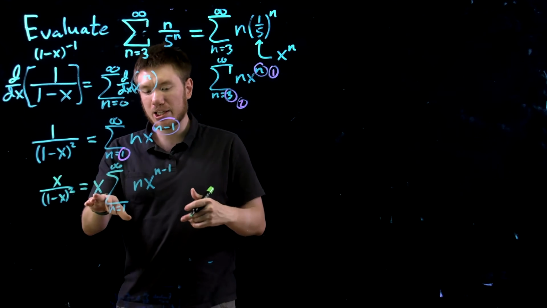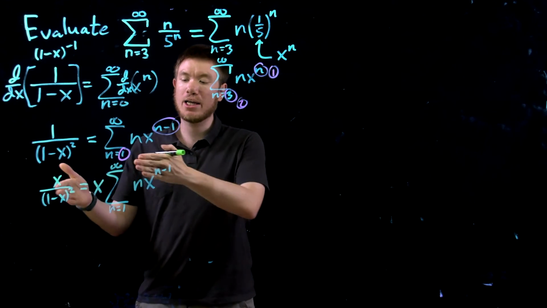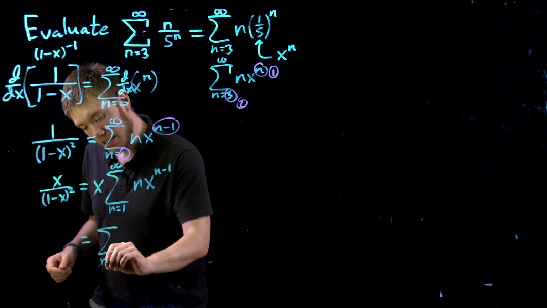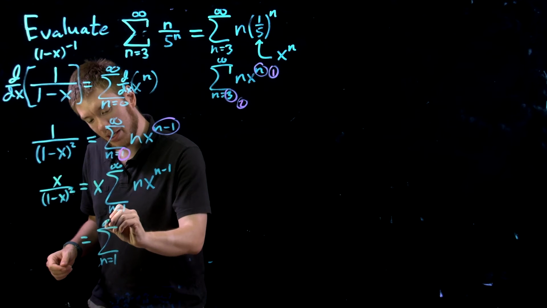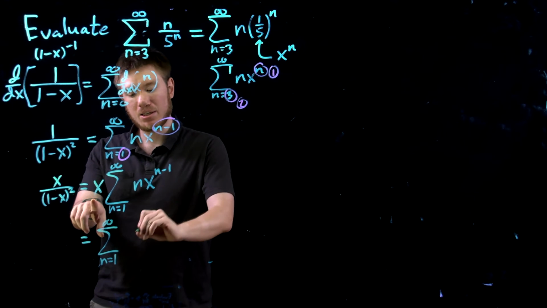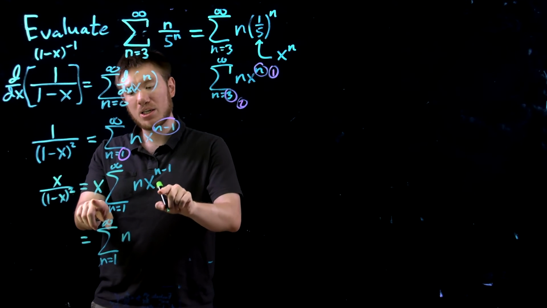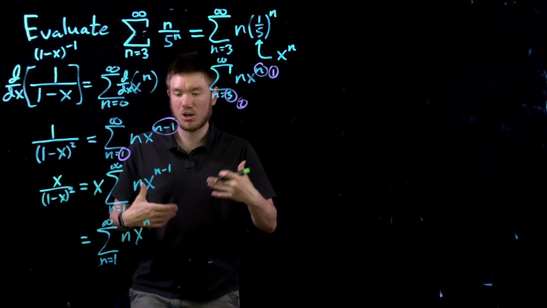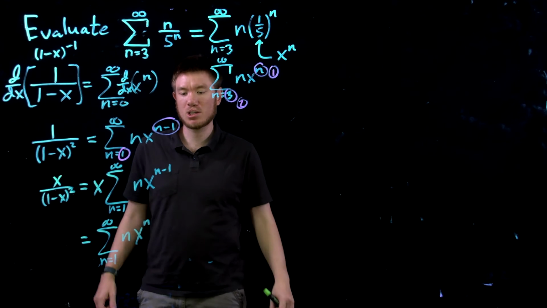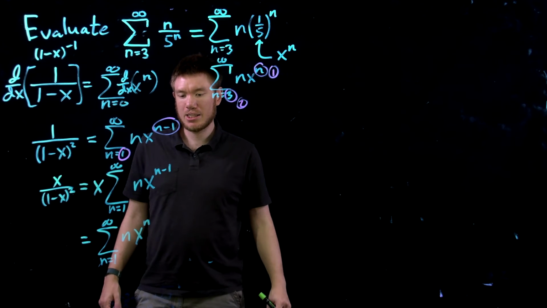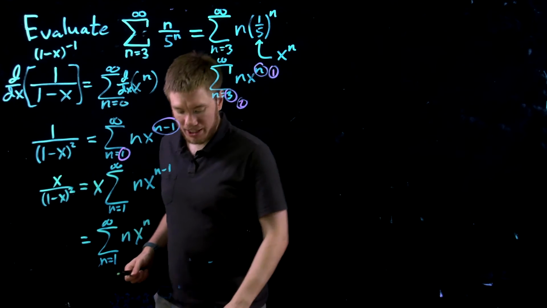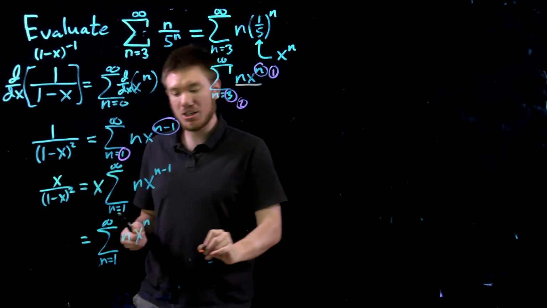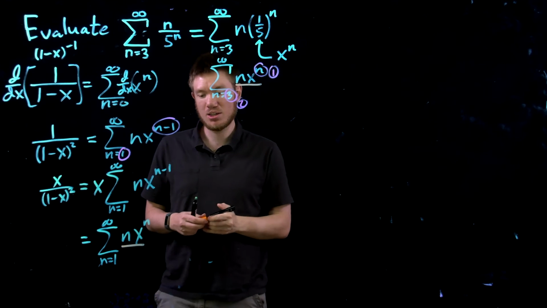Like I said, x is a constant with respect to n, so we are allowed to do this. So x times x to the n minus 1 is going to be x to the n by our rules for exponents. And so now we've matched the right template that we're looking for, right? We've got a x to the n here and a x to the n here.